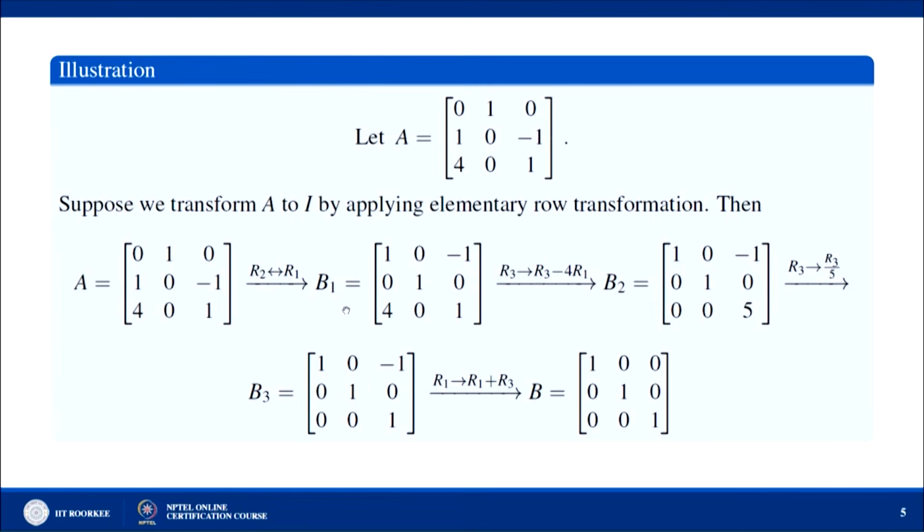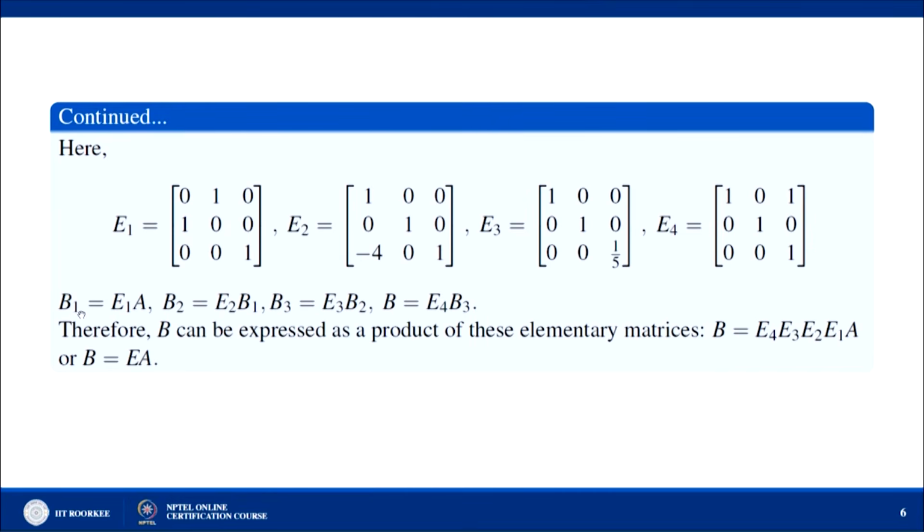Now by the theorem which we have just stated, to get B1 from A, we have the elementary row operation E1. So, B1 can be written as E1 times A, because E1 is the elementary matrix corresponding to this row operation. Similarly, B2 will be E2 into B1, B3 will be E3 into B2, and similarly the last matrix B, which is of course an identity matrix, is E4 into B3.